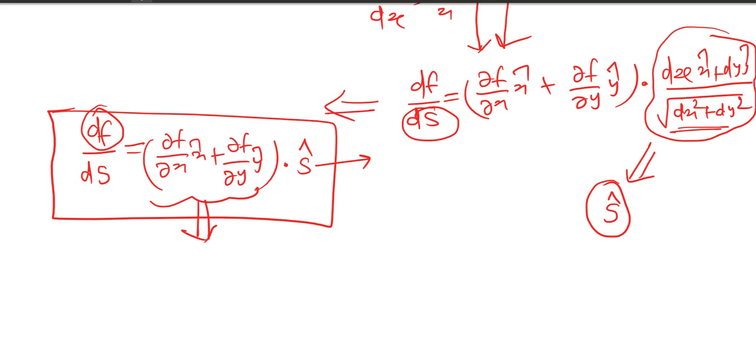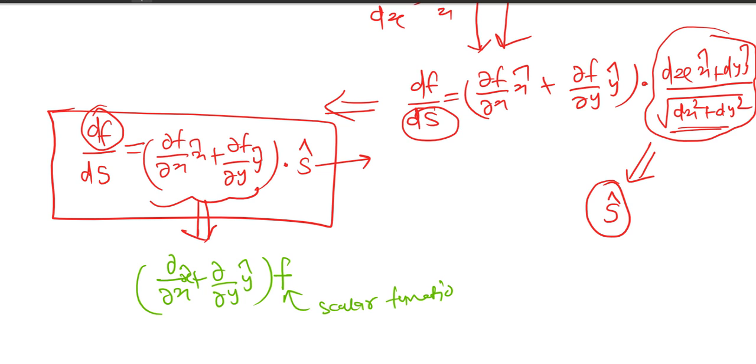I can write this term as del f by del x times x cap plus del f by del y times y cap, multiplied by f. Now this f is simply the scalar function, okay? So I can take it out.